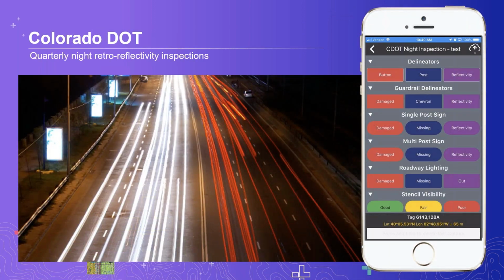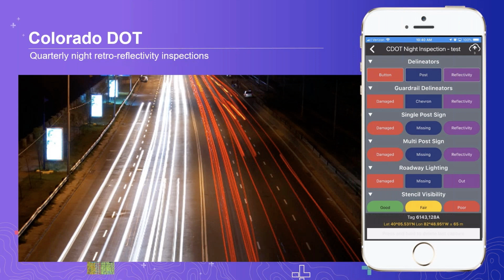This type of approach to data capture is quite interesting because it enables different data collection workflows that we couldn't address in the past. Colorado DOT, for example, has been using QuickCapture for about a year so far. And one of the workflows where they are applying the application is the quarterly night retroreflectivity inspections.